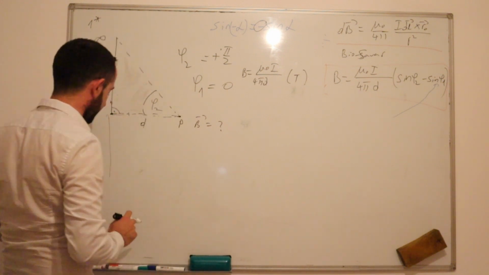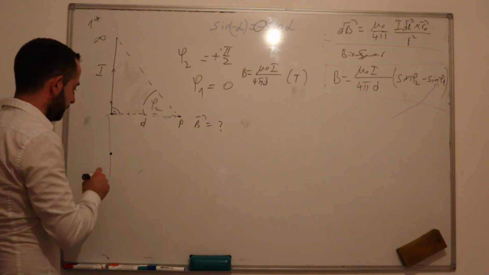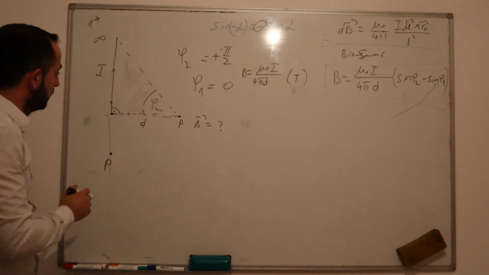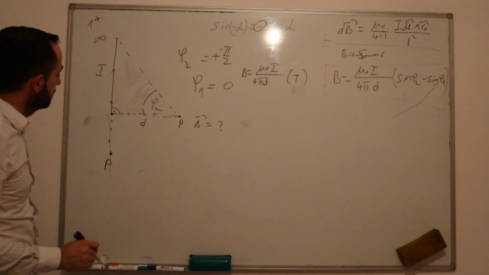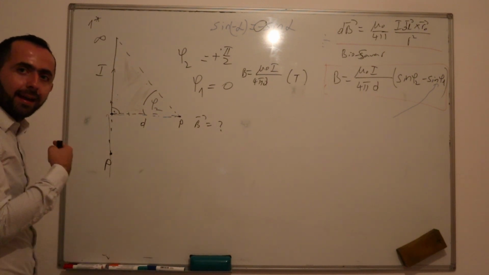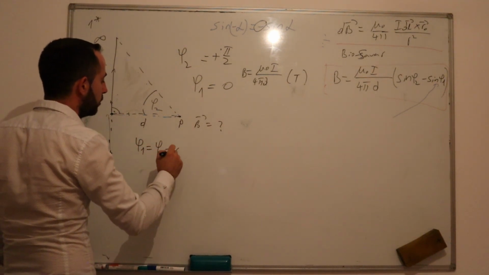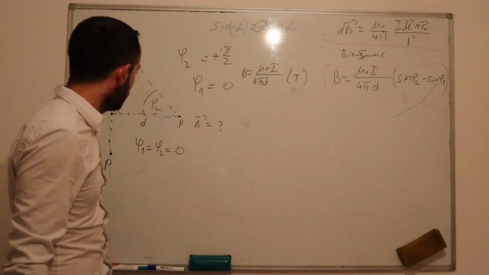But the next thing is, if I have this point P here, it is under this. As you can see, I don't have any angle. So in this case, phi 1 is equal to phi 2 is equal to 0. So what will I have?